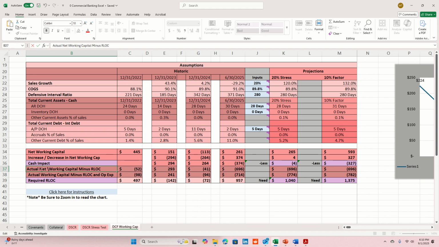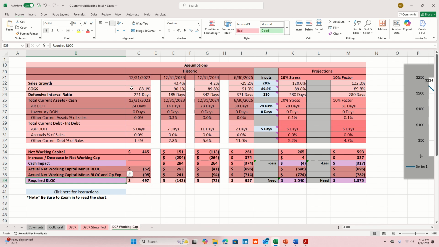can tell us the cash impact of changes in net working capital. It can tell us the cash impact that occurs because of the changes in inventory.